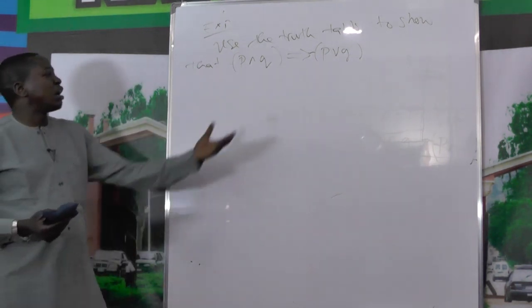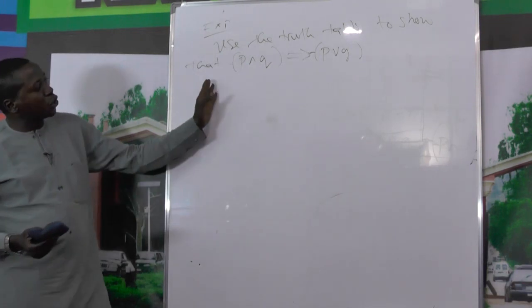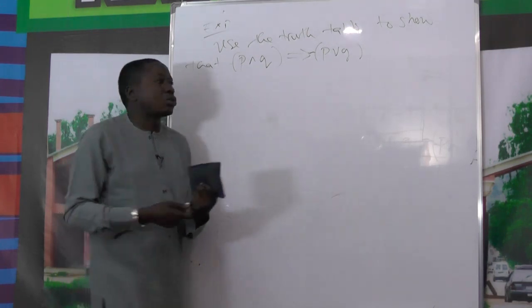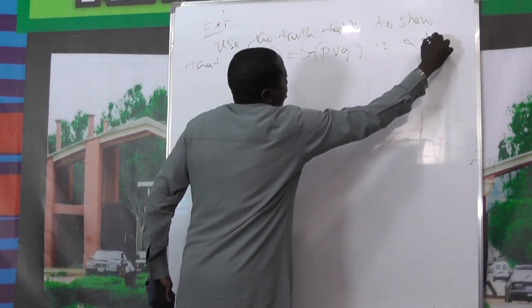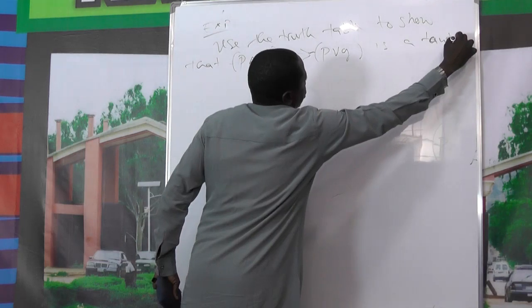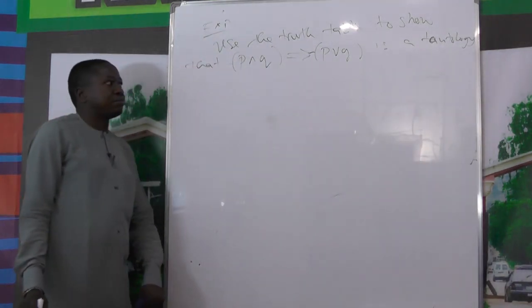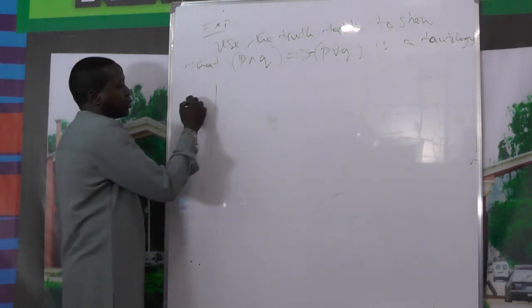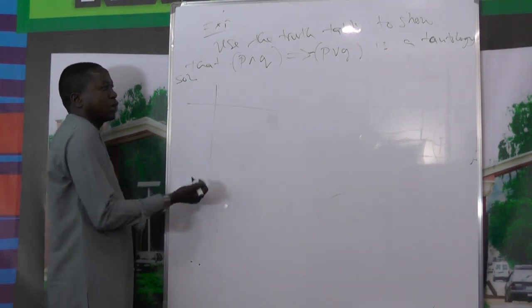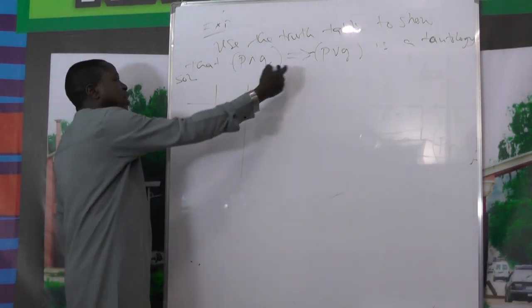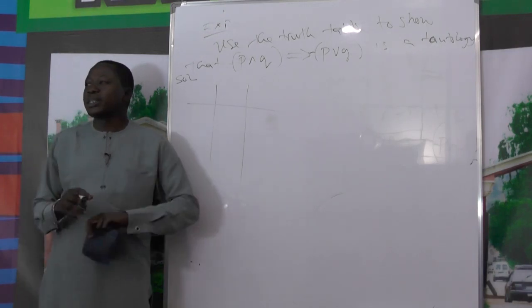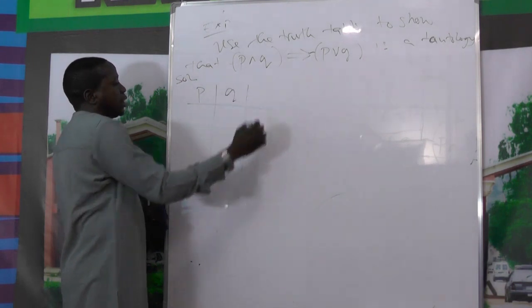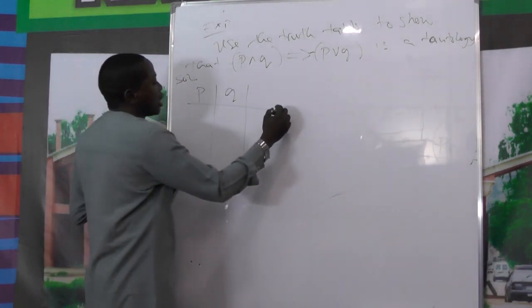Now let's assume we have this example. We are to show whether this one implies this is a tautology or not. How do you know? You use your table. Solution. Like I said earlier, anytime you have a question like this, you check how many statements you have. In this case, we have two statements, P and Q. What can we see here?